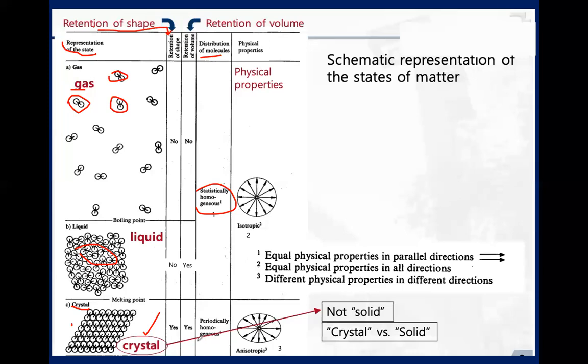In crystalline materials, the molecules are distributed in an orderly manner. That means in some way, homogeneous behavior, right? So this is what we call periodic homogeneity. Periodically homogeneous means they have some repeating units.